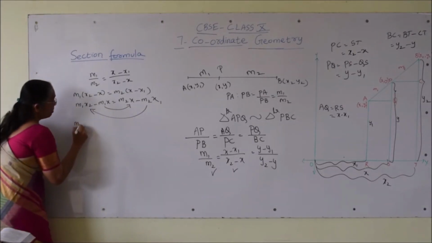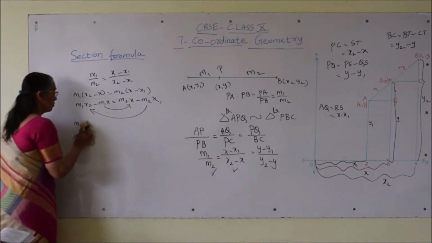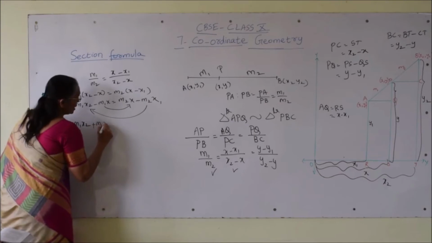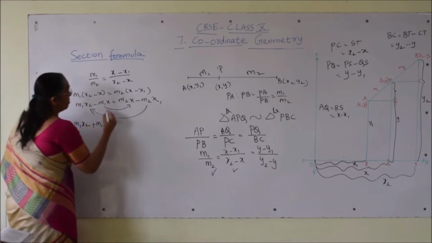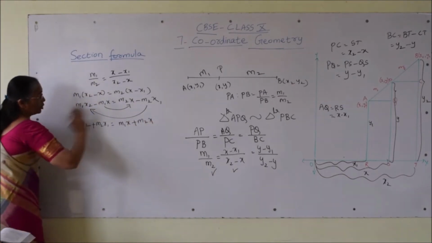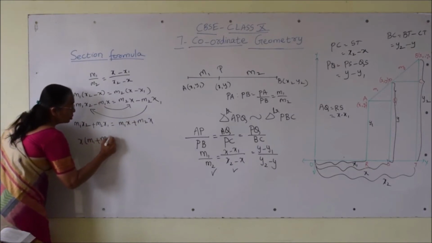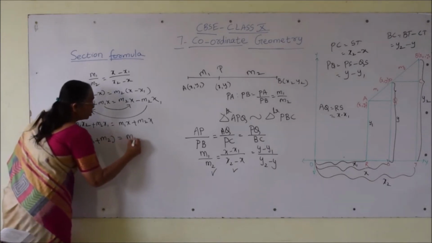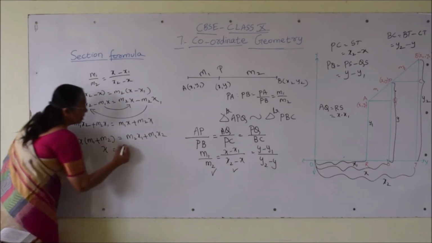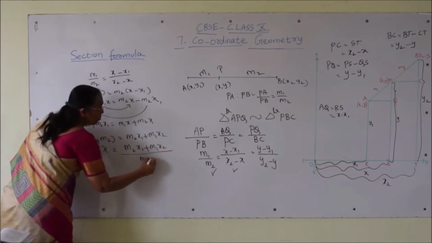So we get M1 x2 plus M2 x1 is equal to M1 x plus M2 x. Just shifting left terms to right and right terms to left, we get x of (M1 plus M2) is equal to M2 x1 plus M1 x2, or the x coordinate is M2 x1 plus M1 x2 divided by M1 plus M2.